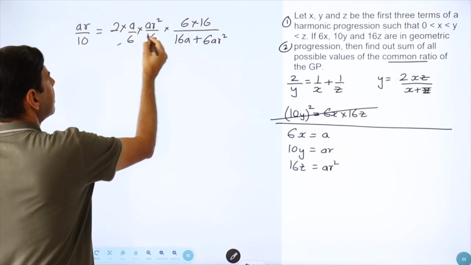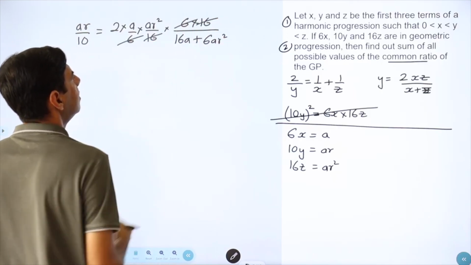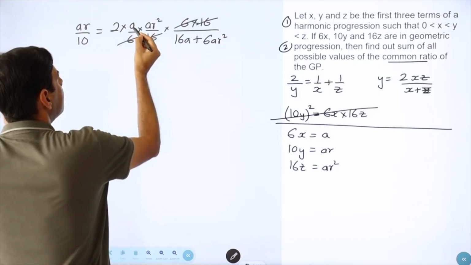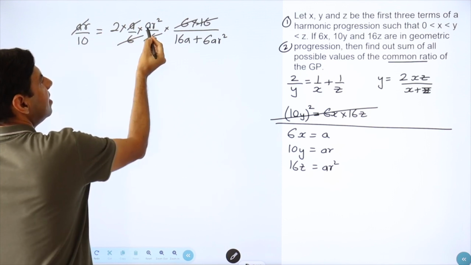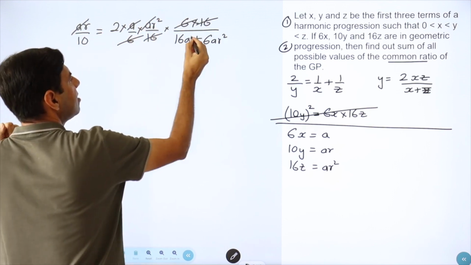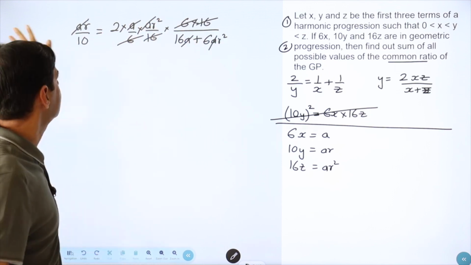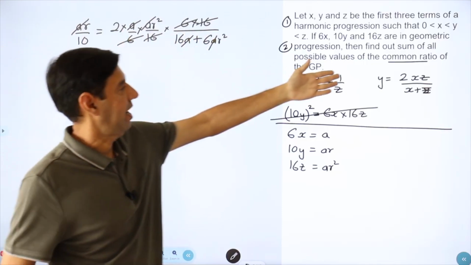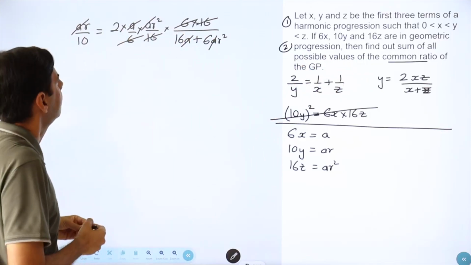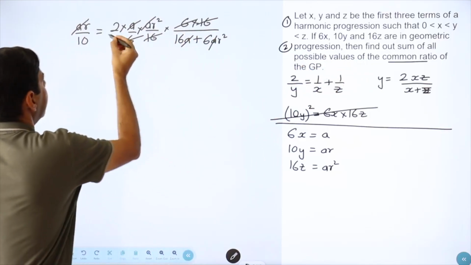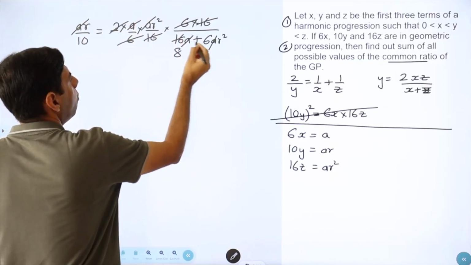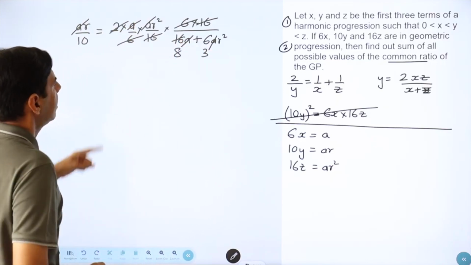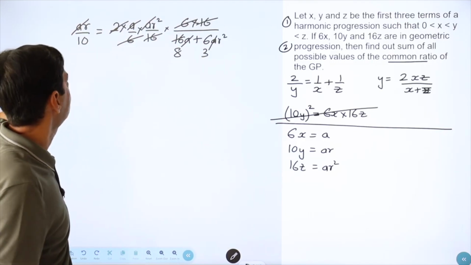So the 6 and 16 get cancelled out, and the A cancels out from all places. So A has gone out of the system. Only R is left, and that is how I'll be getting my answer. What else can I cancel? The 2 over here will make this an 8, and this a 3. There's nothing common between 8 and 3 to cancel with the 10.